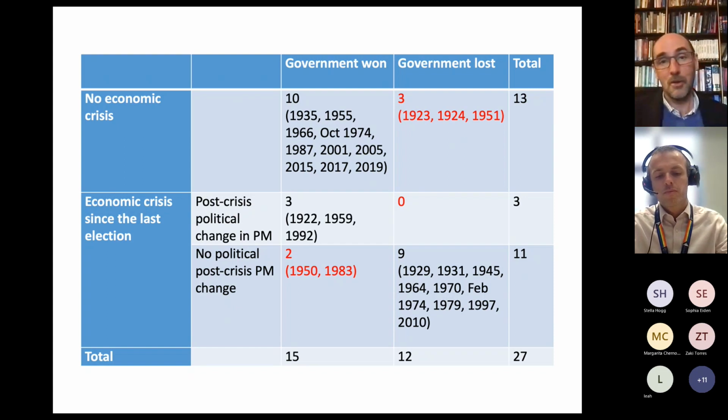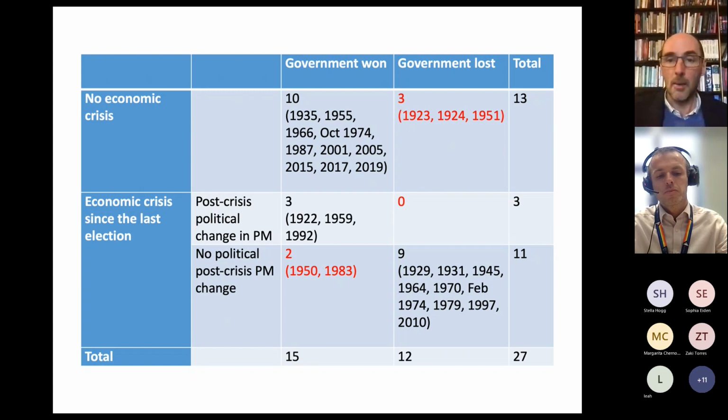And so Brown suffered the consequences of that crisis. By contrast, 1979 is here. It's not coded as a political change of prime minister because Callaghan coming to power was a result of Wilson giving up, not because of a crisis, but just because he'd had enough and he left at a time of his own choosing.